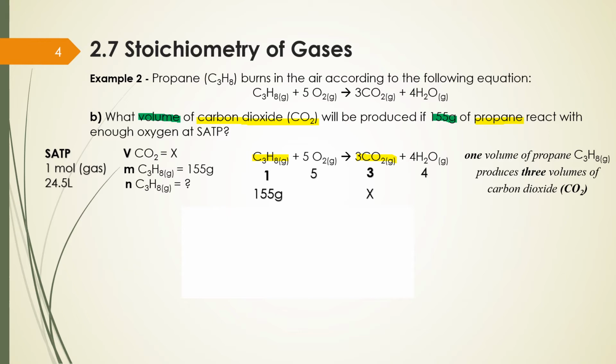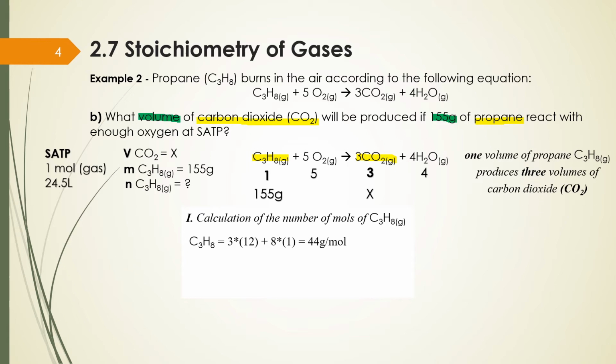So I'm going to convert the mass of C3H8, the propane, to moles. So this you know how to do. My first step, calculation of the number of moles of propane. Here you need to calculate the molar mass. So I know you look in the periodic table.